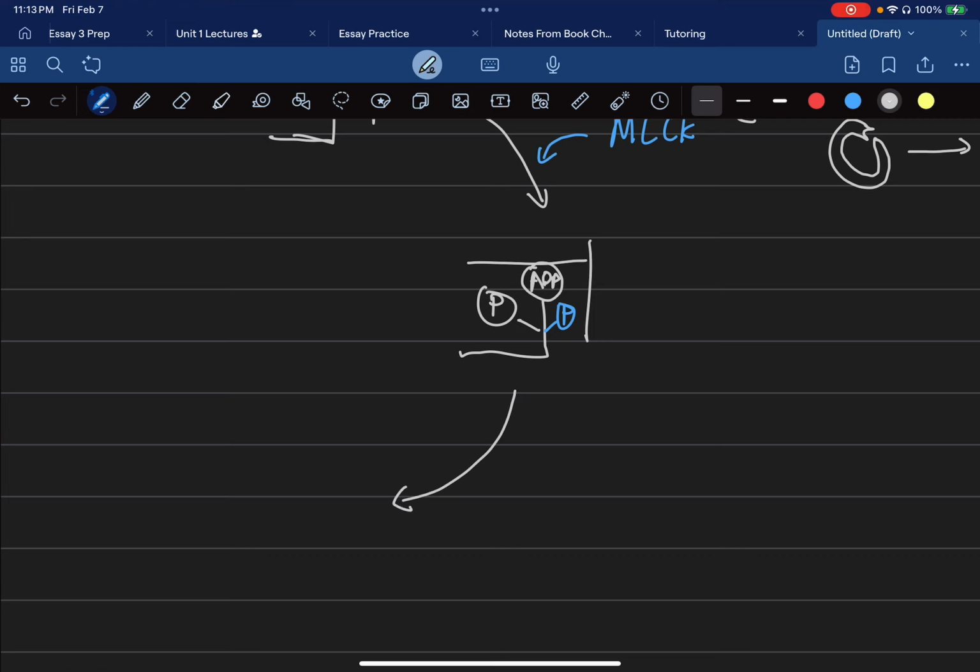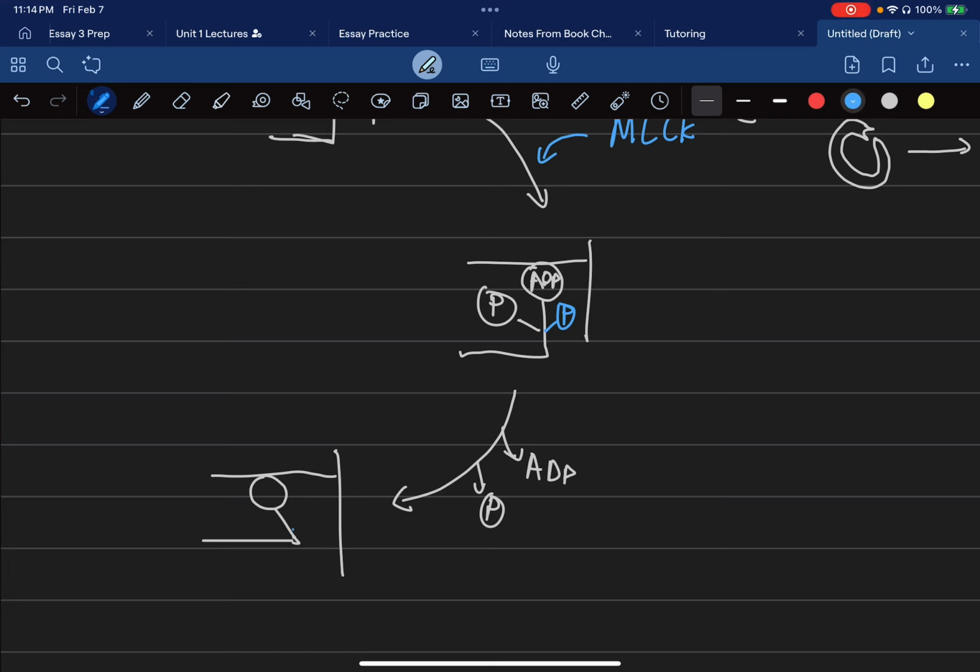And that bond is going to release some heat, and it's going to cause our original ADP and phosphate groups to fall off. That's going to cause us to go into an uncocked position, just like we saw above with skeletal muscle.